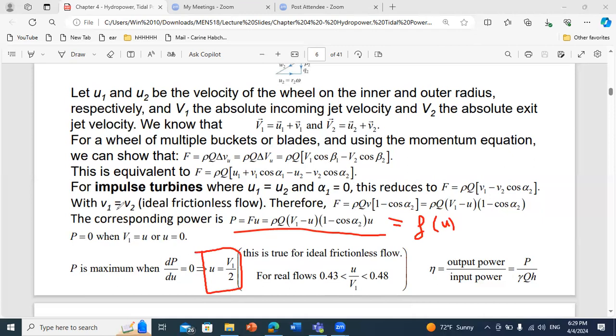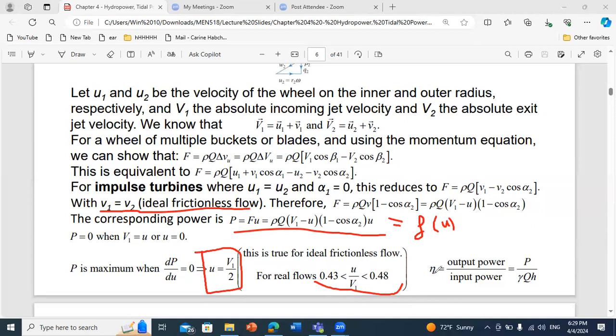As we said, this analysis was based on having ideal frictionless flow, while in reality, you always have some friction. So for real flows, this ratio can vary between 0.43 and 0.48. So this is how you can maximize your power.